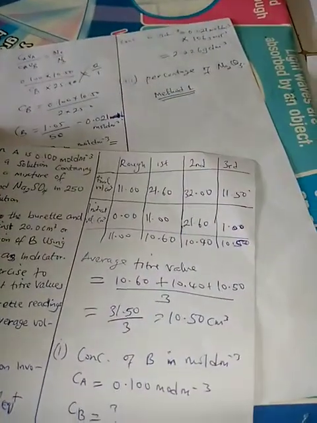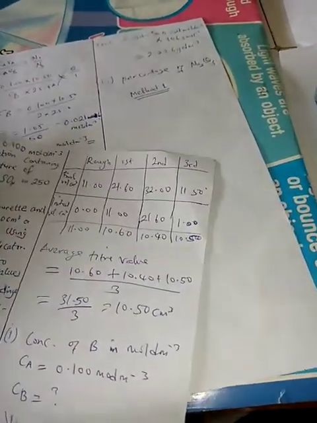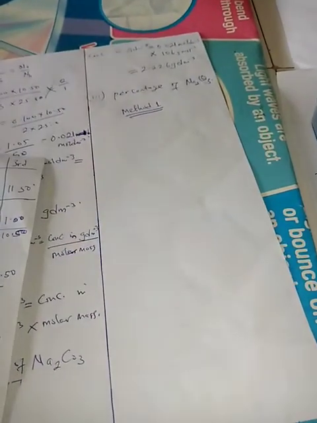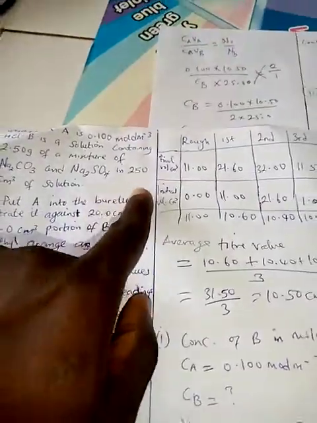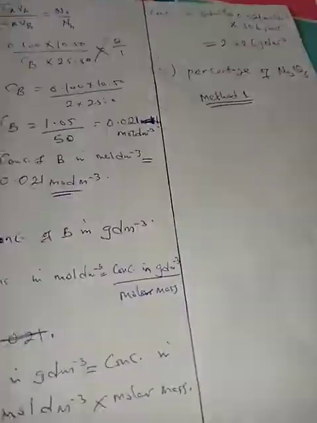So now what we want to do is find the amount, and this one is also in gram per dm cube. So we are going to find the amount of the mixture that is contained in gram per dm cube, given that we have it given in 250 cm cube. So what I'm going to do is this.